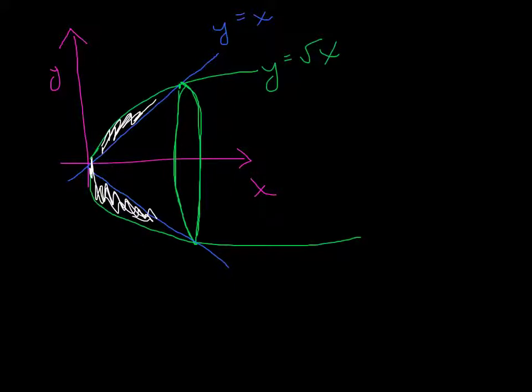To find the volume of this piece, you basically just take the volume of this whole thing subtracted by the volume of just the inside cone, and then you'll find the volume of this.